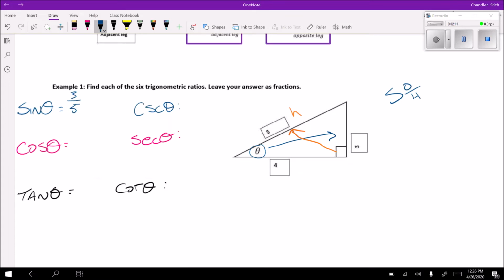Okay, that's fine. Sine of theta is 3/5. Cosecant. Cosecant is hypotenuse over opposite. So this would be 5/3. And we want to leave it as a fraction, so 5/3 is fine.